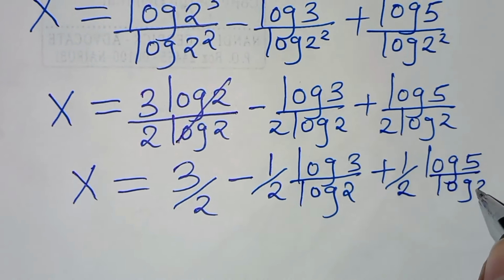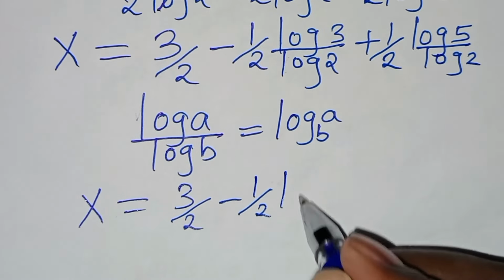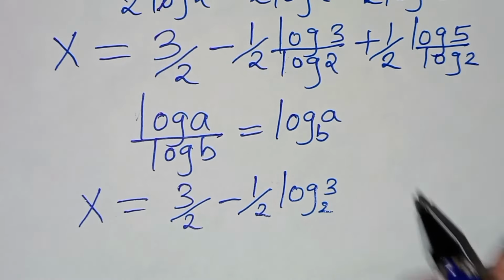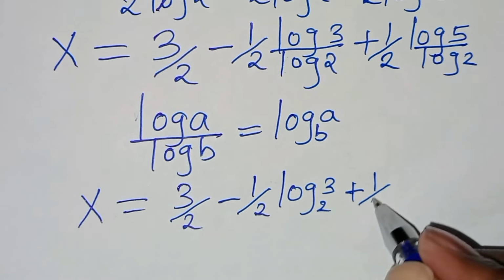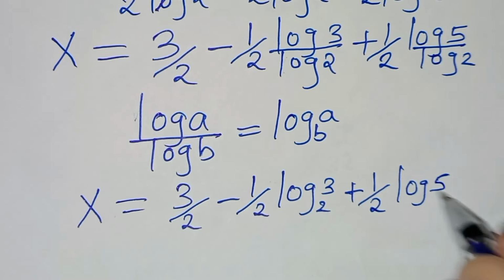The next step is that log 3 divided by log 2 and log 5 divided by log 2 are in the form of log A divided by log B, which we can express as log A to base B. Applying this property, we have that x is equal to 3 over 2 subtract half log 3 to base 2, then plus half log 5 to base 2.